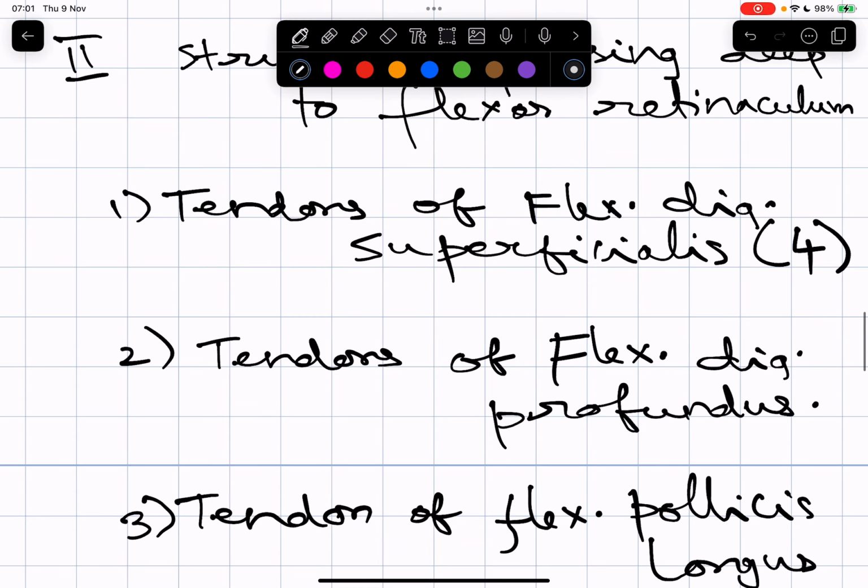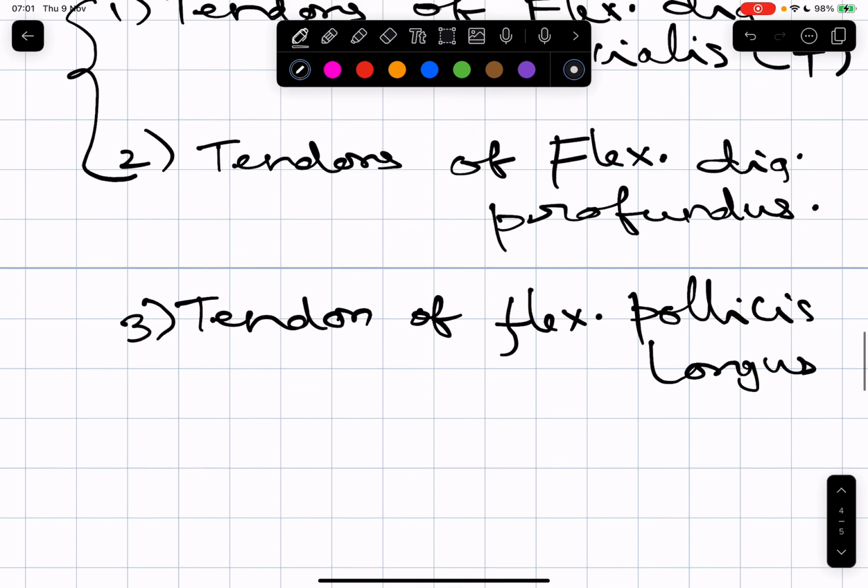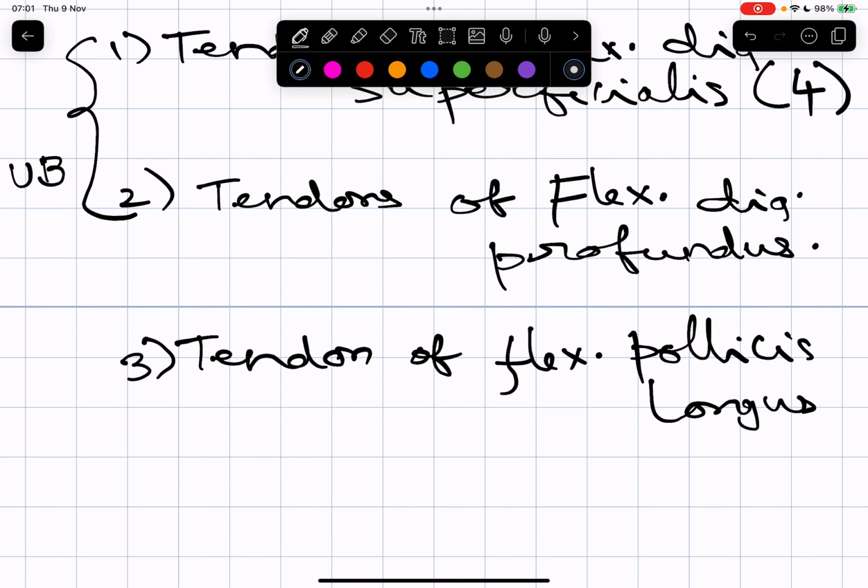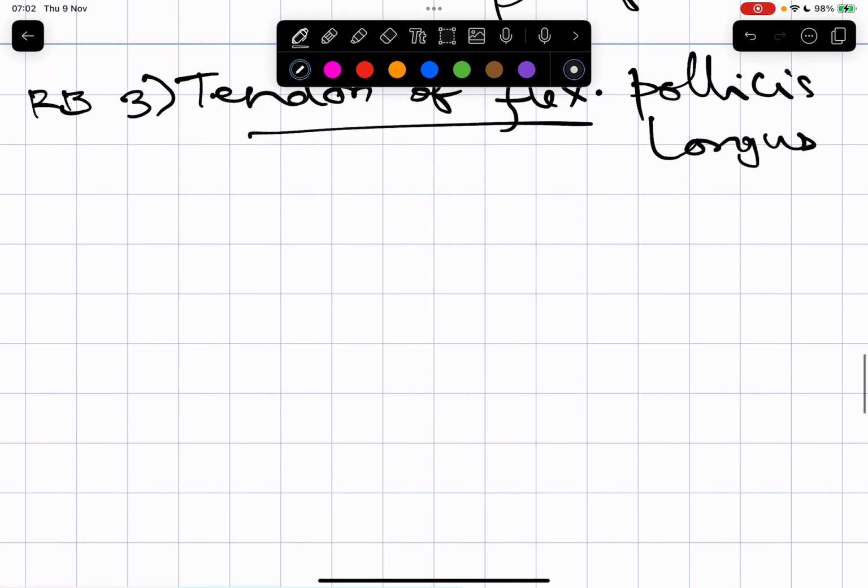There is a common synovial sheath for the tendons of flexor digitorum superficialis and profundus, which is called the ulnar bursa, and the tendon of flexor pollicis longus is covered by what is called the radial bursa. This is the synovial sheath. And one more deep structure would be the median nerve.